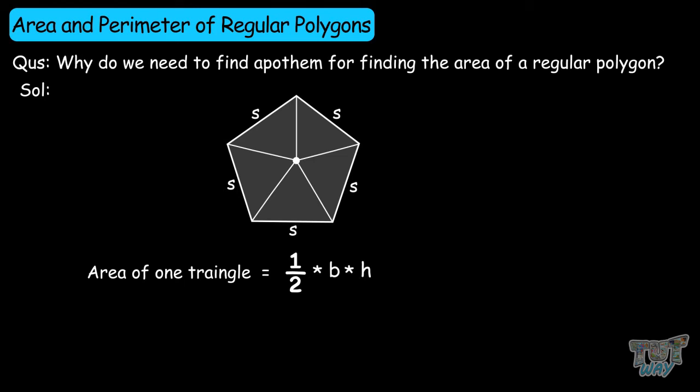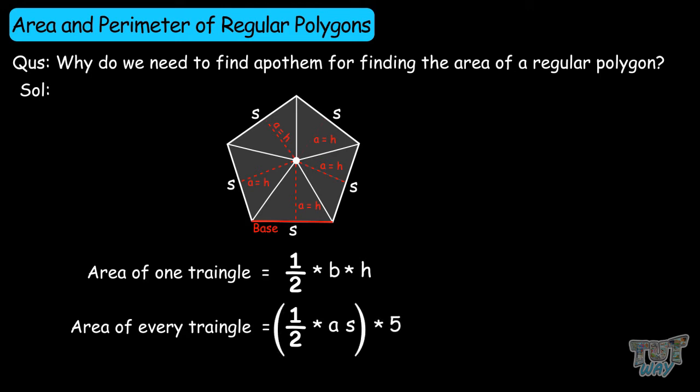In every triangle, the apothem is its height, and the base is the side. So in every triangle, the area will be half multiplied by A S. And how many triangles do we have? We have 5 triangles, so we multiply half A S with 5 to get the area of the whole pentagon.